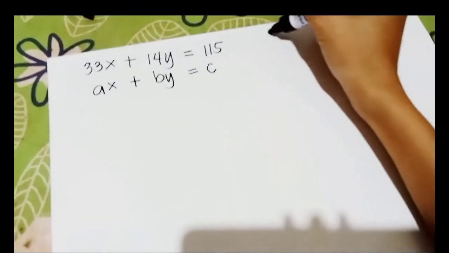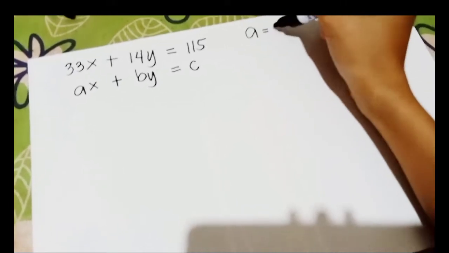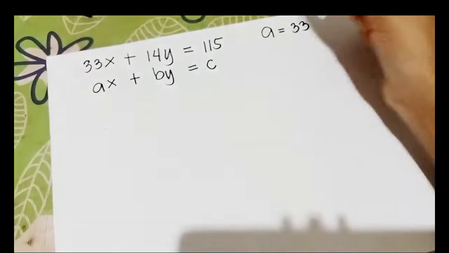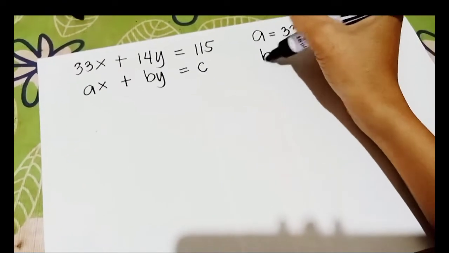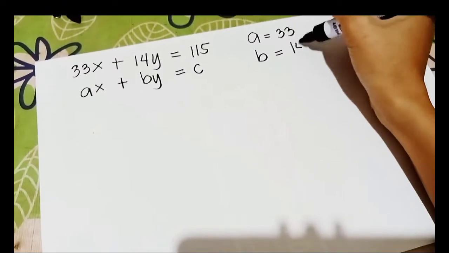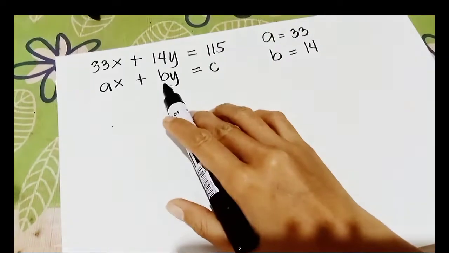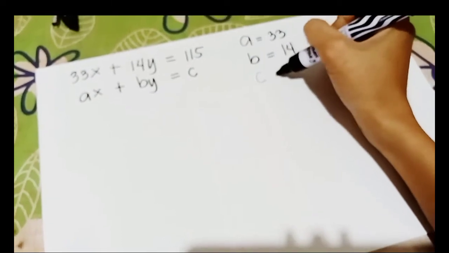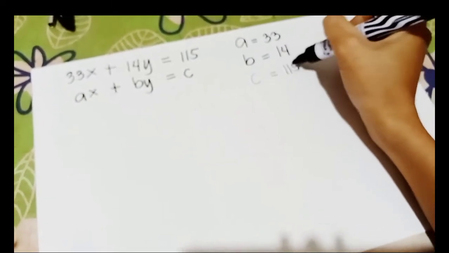So a equals 33, b equals 14, and c equals 115.